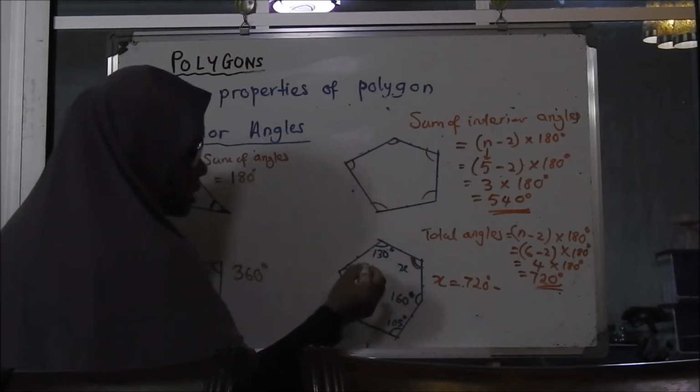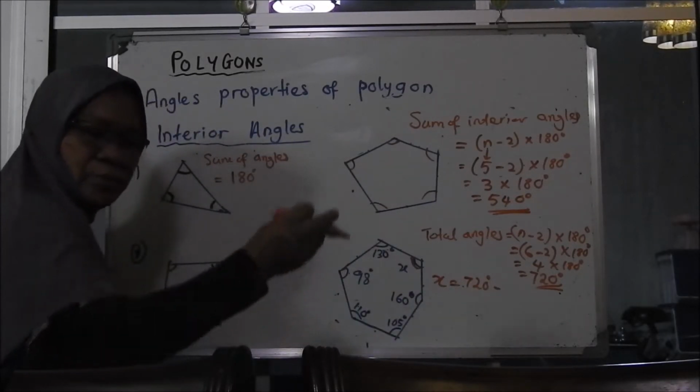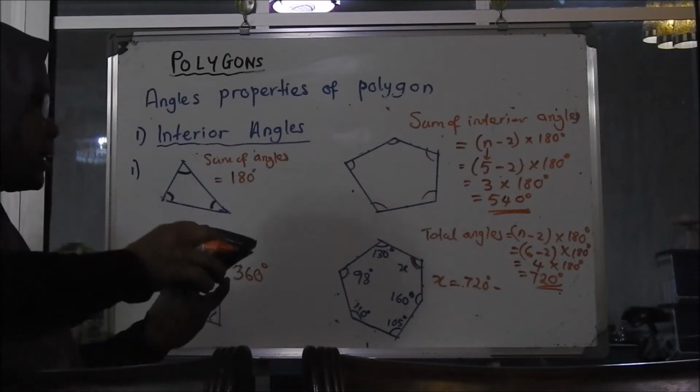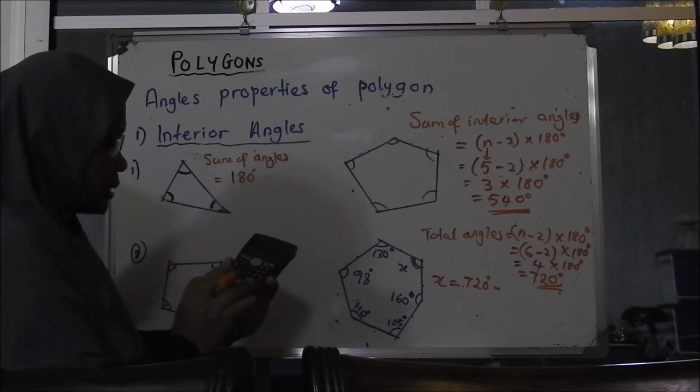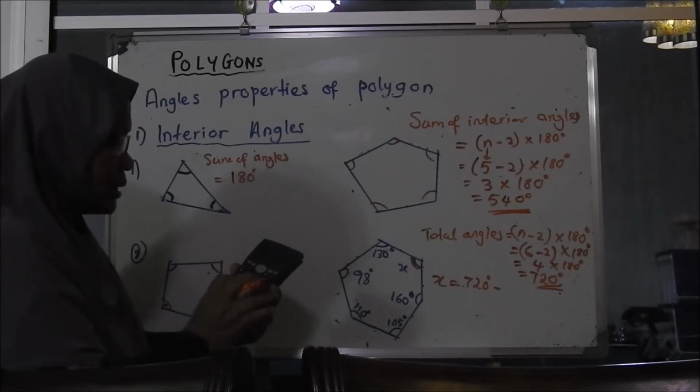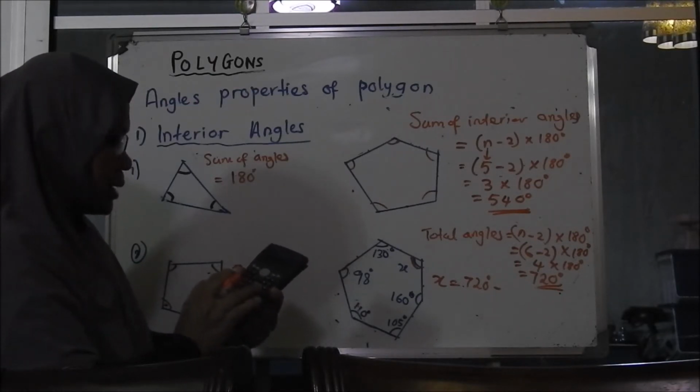You minus all this angle. Use calculator to calculate the total angle here. Let's say you add up, use calculator. 130 plus 98 plus 110 plus 105 plus 160.